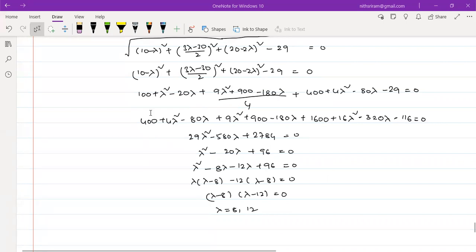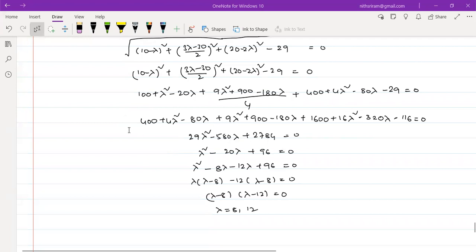By simply simplifying all these terms, we get 29 lambda square, since we have 16 plus 9 plus 4, that is 29 lambda square. Next minus 580 lambda plus 2784 is equal to 0.